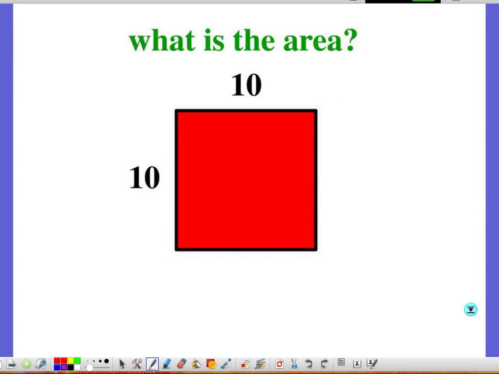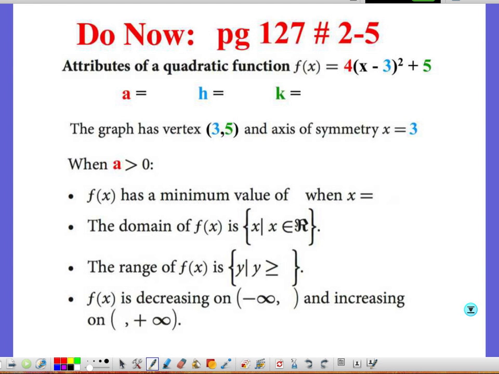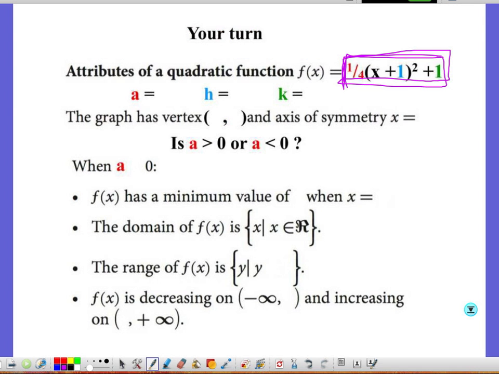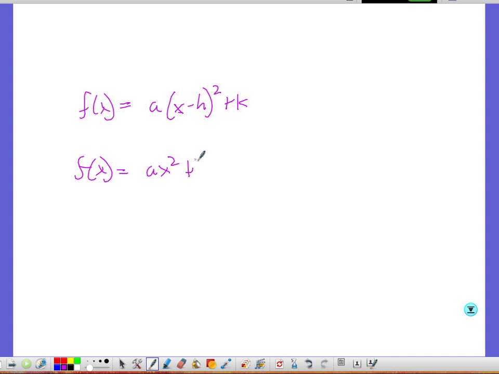Which brings us to the next question. What if my quadratic function was not in vertex form, such as a times x minus h squared plus k? What if it wasn't like that? What if my quadratic function was in the form ax squared plus bx plus c?